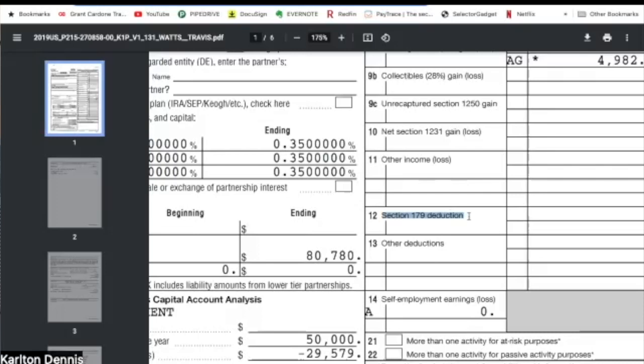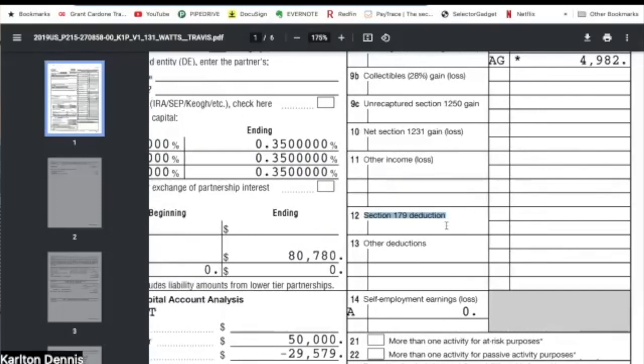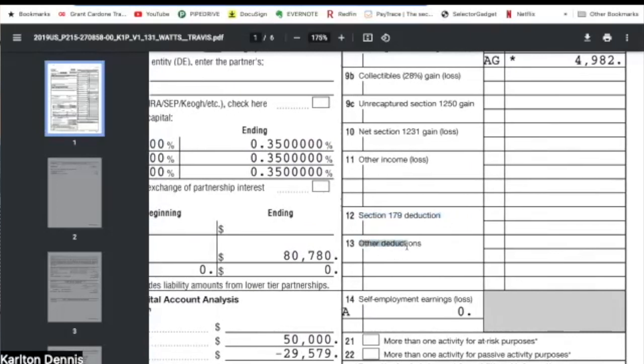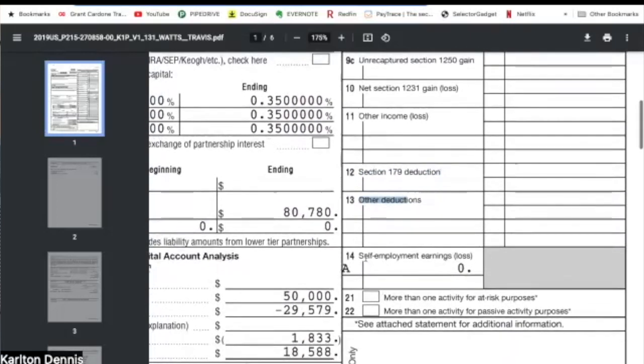In order to simplify this, I want you to imagine that a Section 179 deduction is any qualified piece of equipment that has a useful life of less than 20 years. Maybe it's a washer, maybe it's a stove, maybe it's an appliance. But if it is written off in less than 20 years via the 179 deduction strategy, we would see this information here. And then we also have other deductions and then self-employment earnings and losses, which most people won't see here unless they're dealing with a self-employed business.